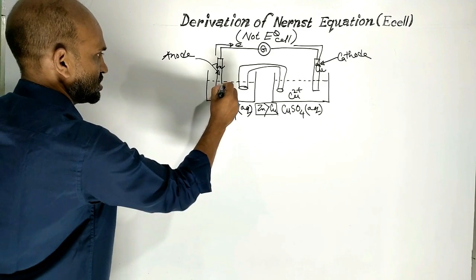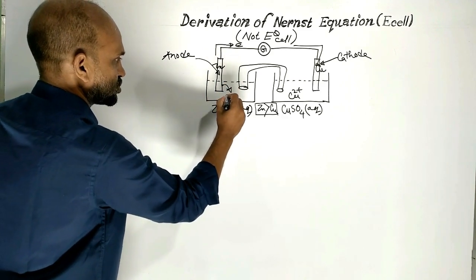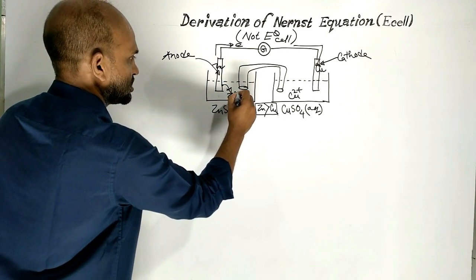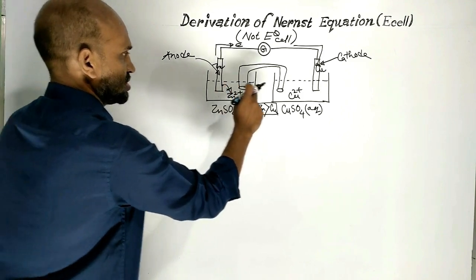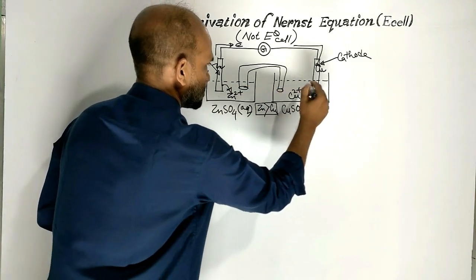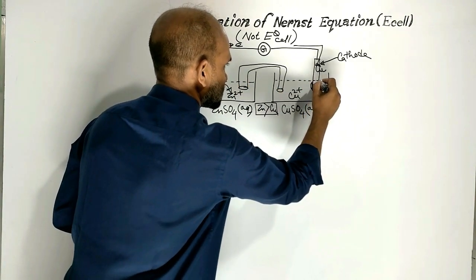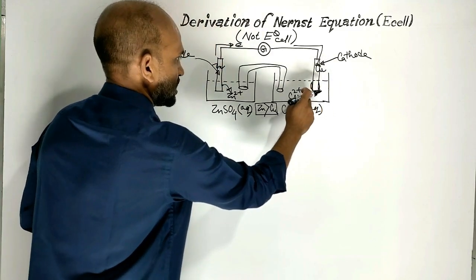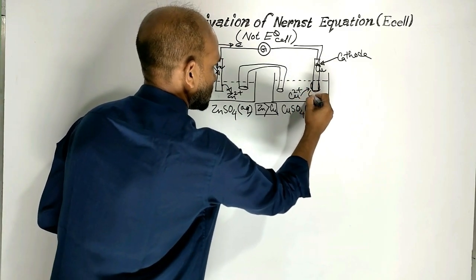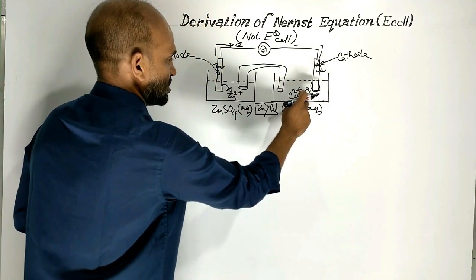Here, zinc atoms go to the solution as zinc 2 plus ions and copper ions deposit on the surface of the cathode as metallic copper.